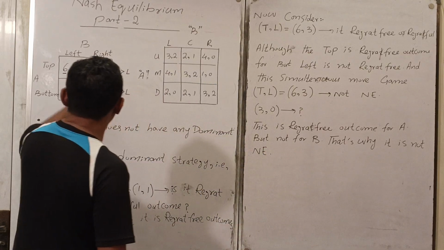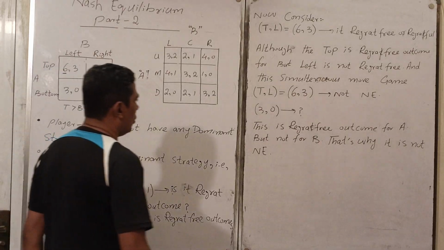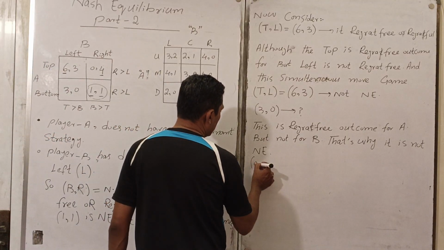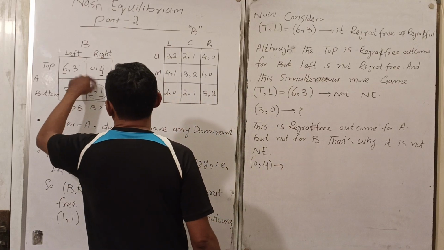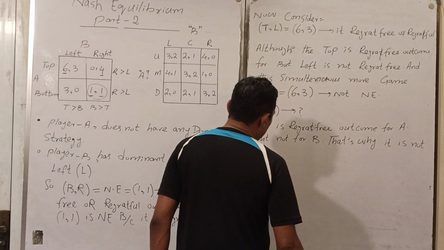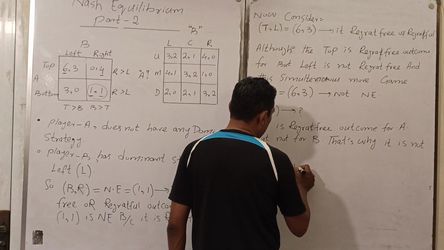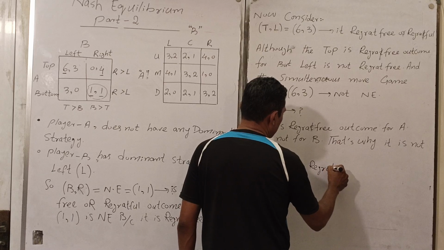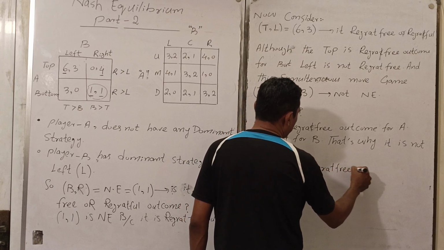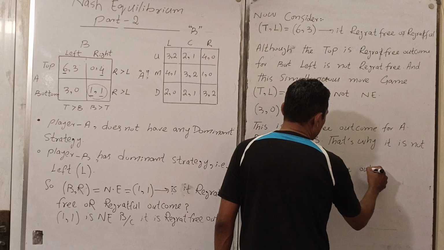And similarly, you can compare 0 and 4. 0 and 4. Again, it is not Nash equilibrium, not regret free outcome.